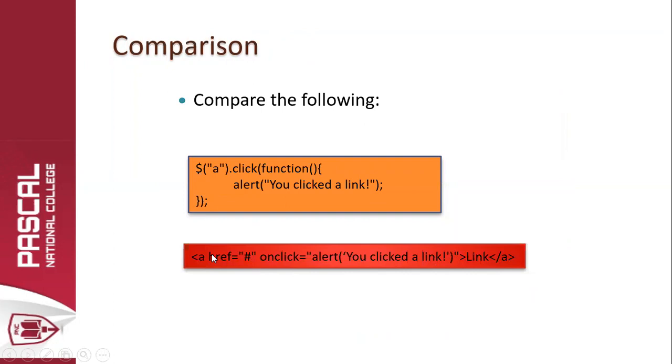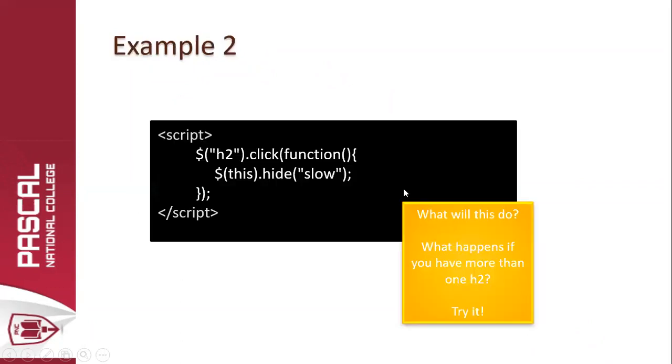If you want to do the same thing with jQuery, you need to write like this: $, your selector, A is your hyperlink reference and this is the selector, and .click is your event. When you click on this hyperlink, you'll show an alert message, you clicked a link. So this is the comparison.